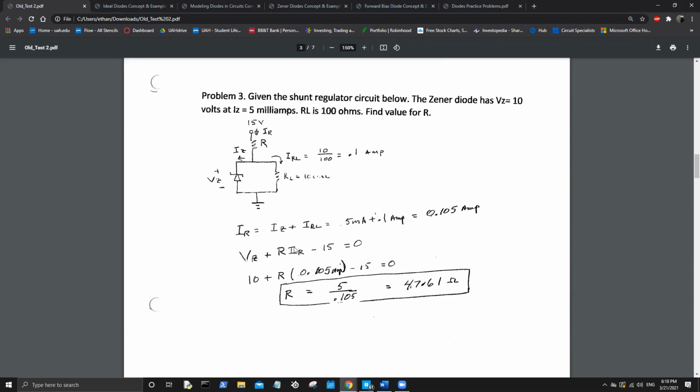I know I myself am not a super expert at this yet, but I also don't feel like this is too difficult. I was doing it late at night, so my brain wasn't going good. My main thing was I was having a brain fart with the voltage over RL. It's just the same thing as whatever the voltage over VZ is.